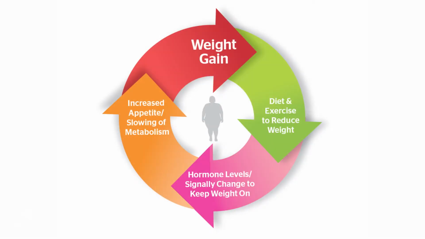After losing weight with diet and exercise, a starvation-type defense mechanism is activated that attempts to return them to their original higher weight or set point. This leads to the regain of much of their hard-earned lost weight. After diet and exercise-induced weight loss, hormone levels change, signaling your body to increase its appetite and decrease its metabolism so that you regain the weight that you've lost.